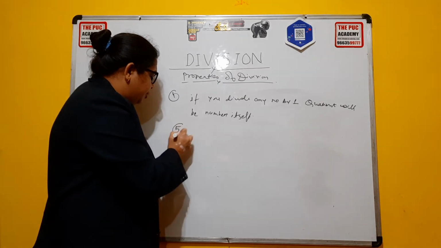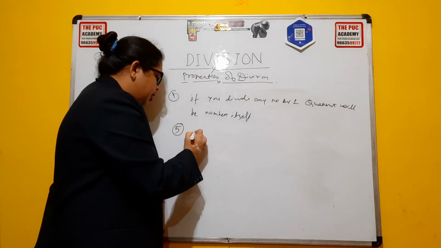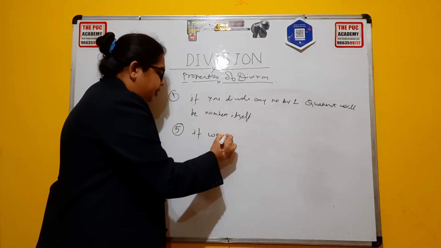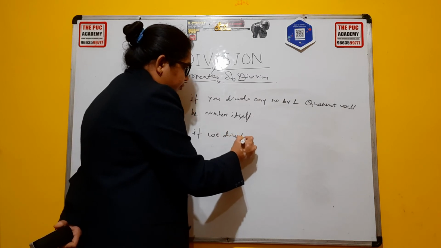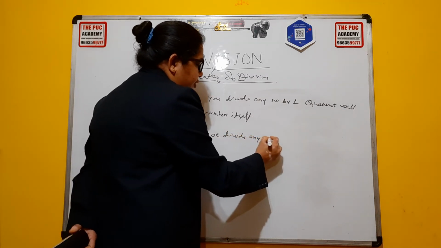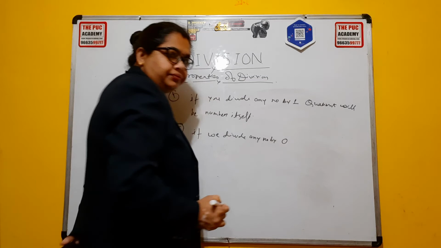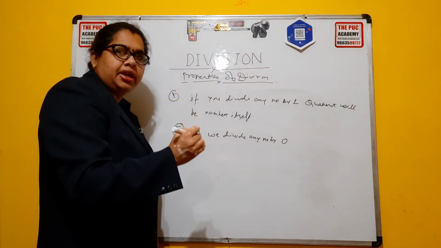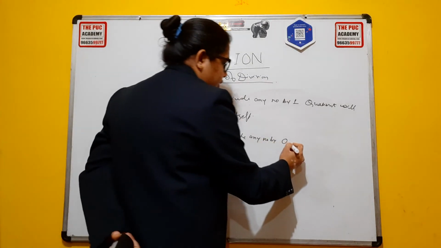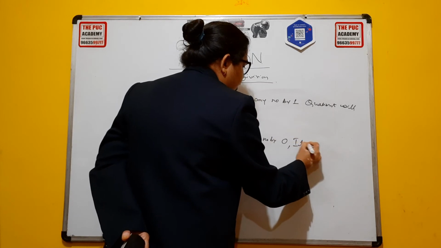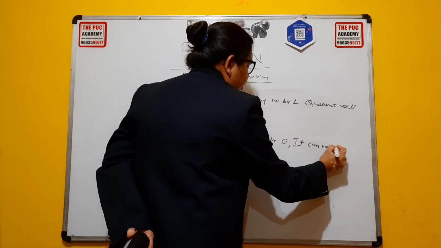And let's see property number 5. If we divide any number by 0, it cannot be divided.